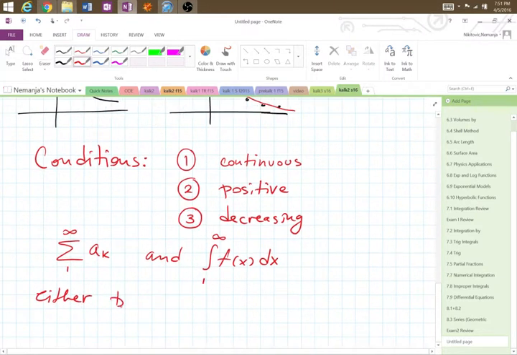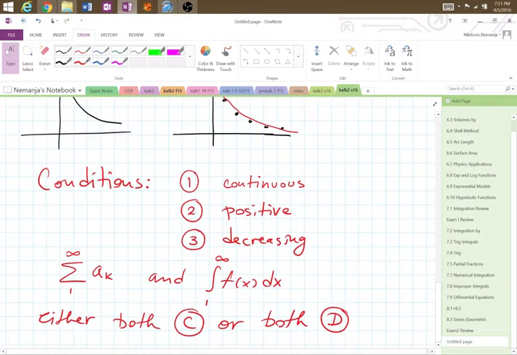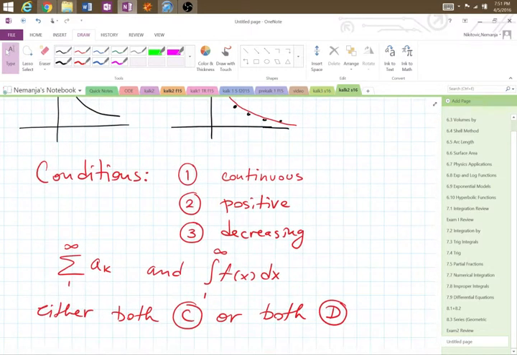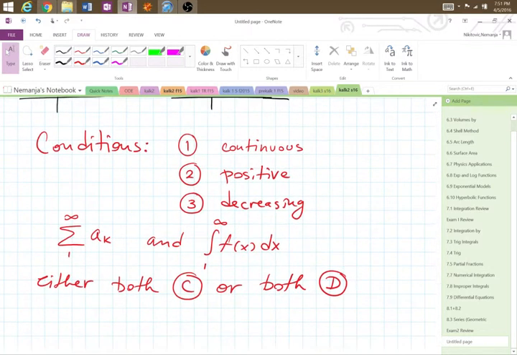Either both converge or both diverge. So this is what we have for the integral test.